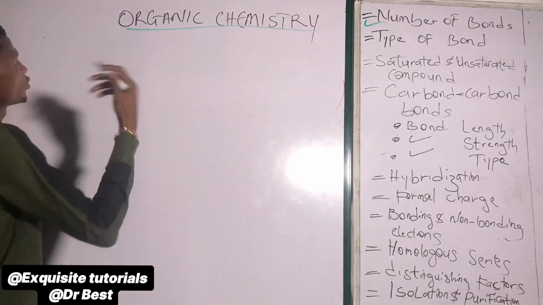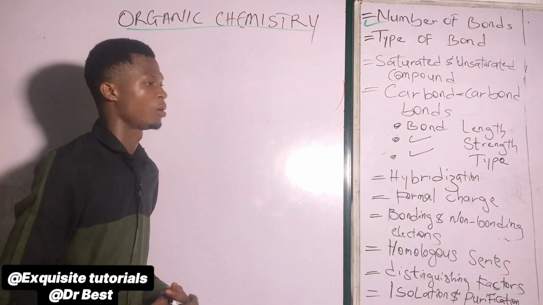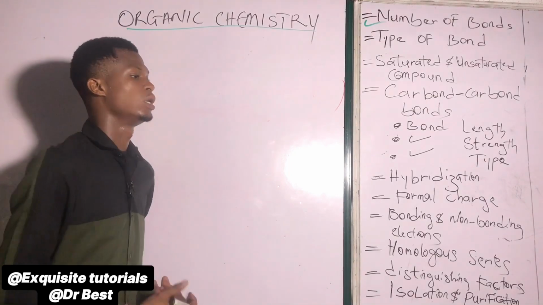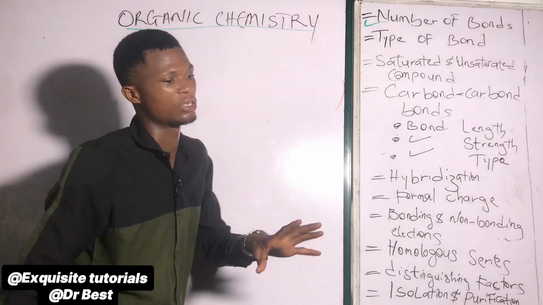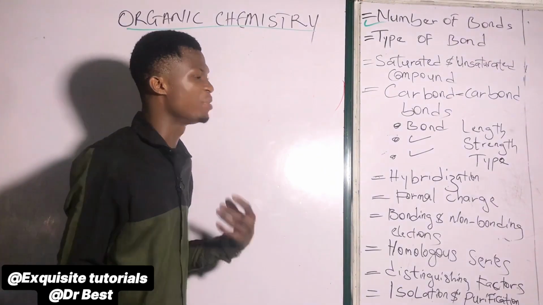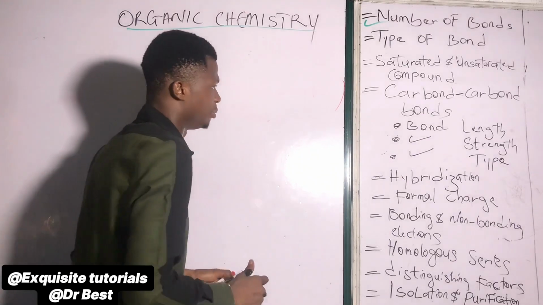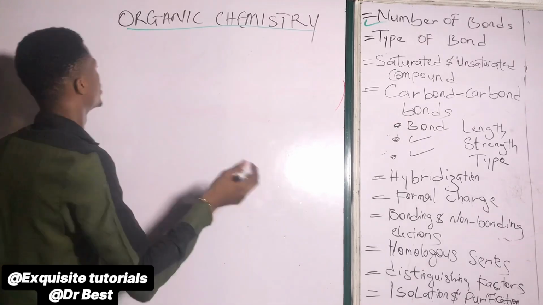First of all, when we are talking about organic chemistry, we are concerned about carbon. But we are not just going to look into carbon, because we have other elements that bond to carbon. So we are going to use this opportunity to look at the number of bonds contained by all the elements in the periodic table, by using a representative of each of the groups.